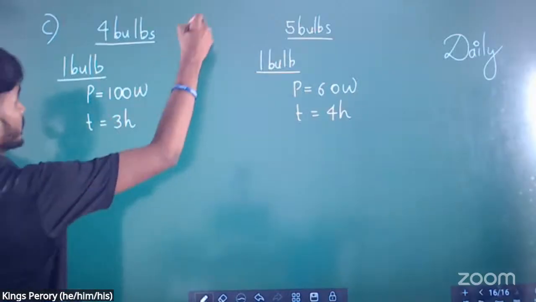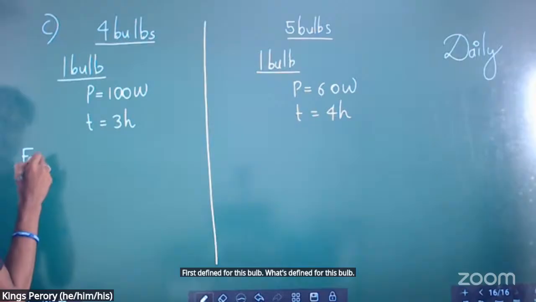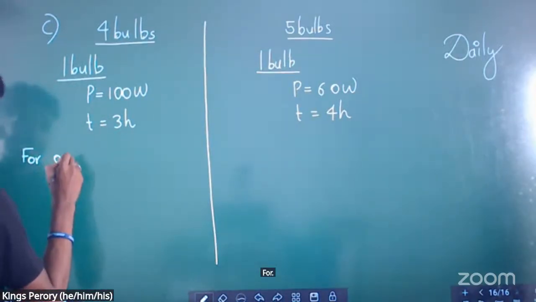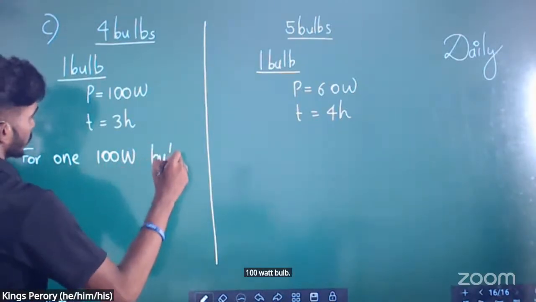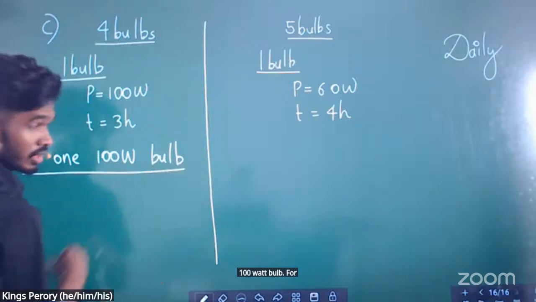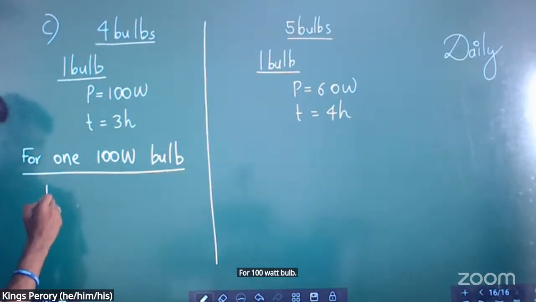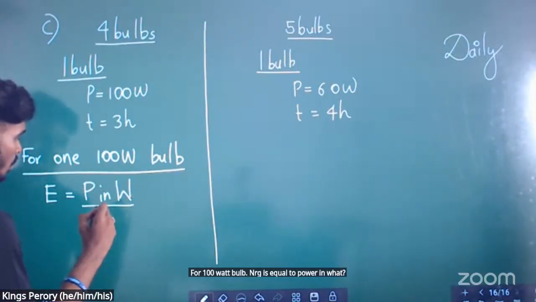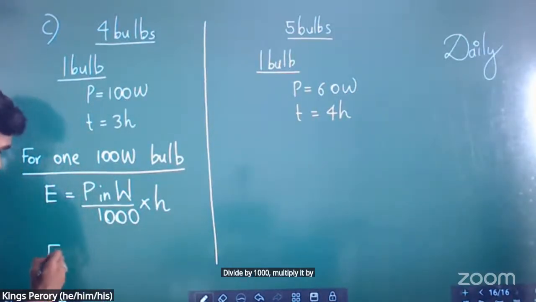First I'll find for this bulb. For the 100 watt bulb, I'll solve the question. Energy is equal to power in watt divided by 1000 multiplied by number of hours.